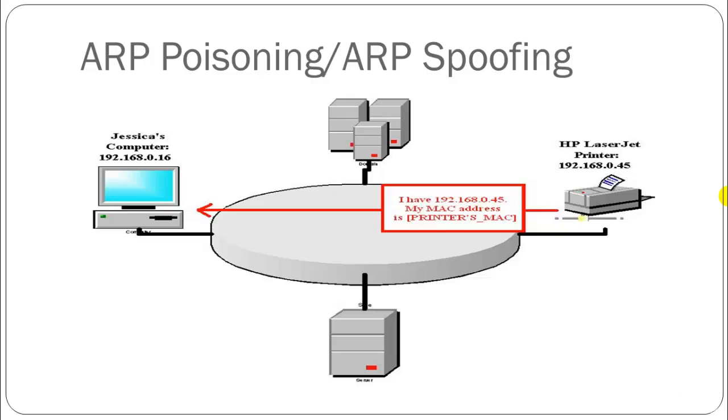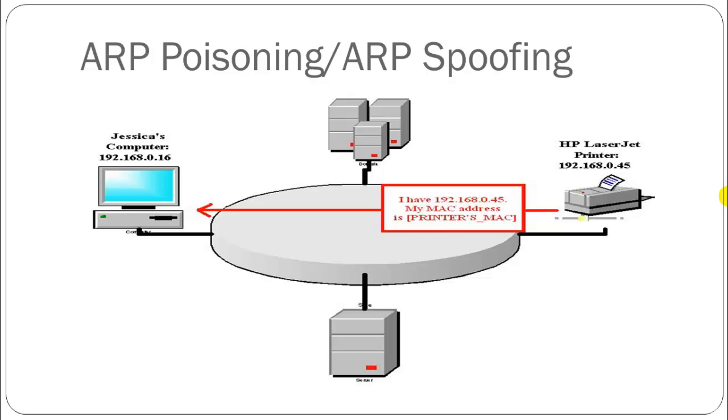ARP poisoning enables local hackers to cause general networking mayhem because it's mostly incurable, and every administrator should be aware of how this works. ARP is basically a form of networking roll call. It is a very simple protocol which consists of merely four basic messages.